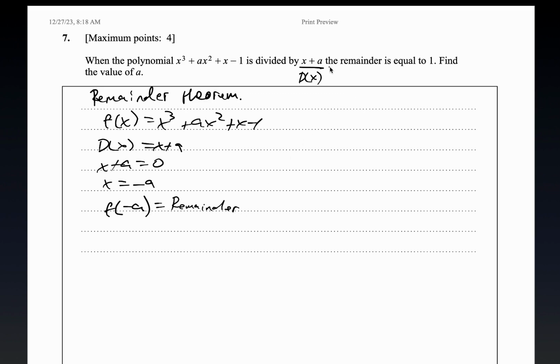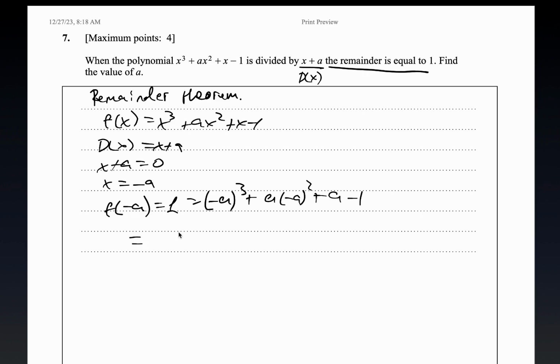And actually the remainder is equal to 1, so we can just erase this real quick and write 1, because the remainder is 1, equal to negative a cubed plus a times negative a squared plus a minus 1.